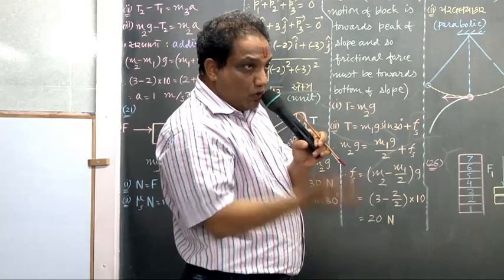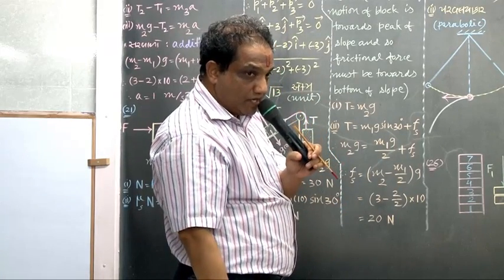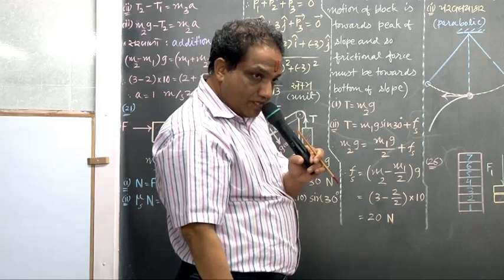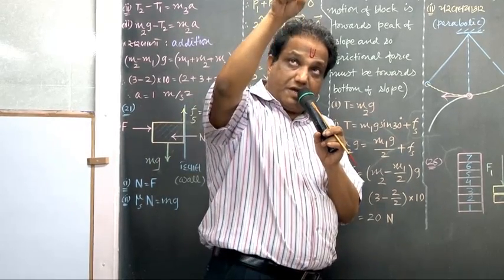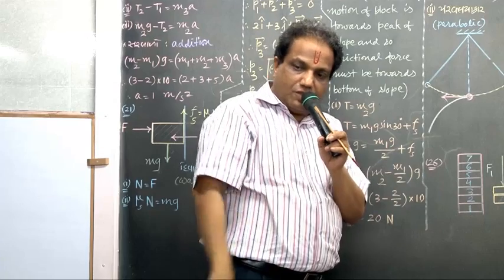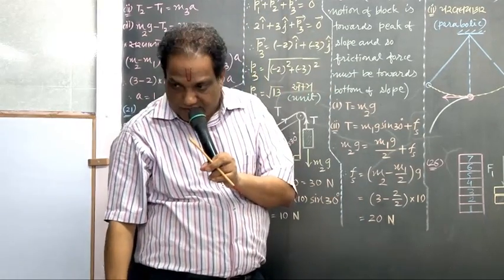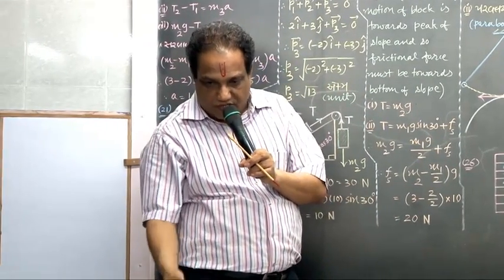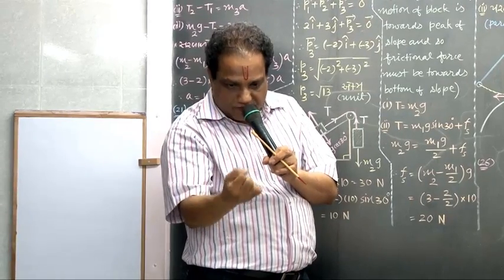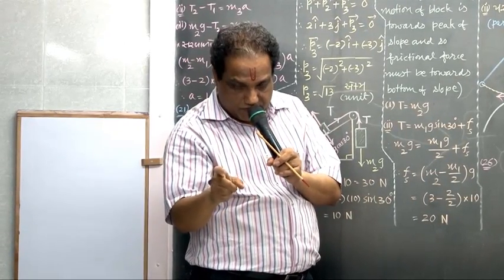Now the body which is thrown becomes a projectile, correct? During its upward and downward motion, the only acceleration it has is gravitational acceleration, which is vertically downwards, and it remains constant.